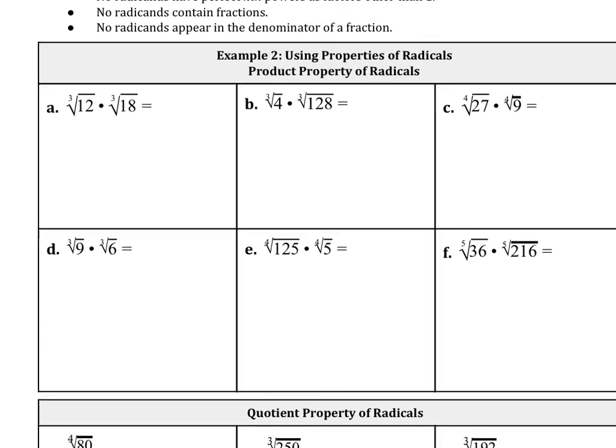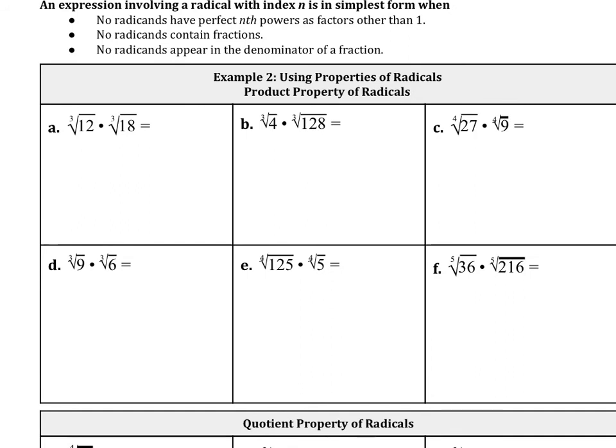Let's try these examples. Using properties of radicals, we're using the product property, so we're multiplying. In the end we really want to simplify. For example, letter A: the cube root of 12 times the cube root of 18. They have to be the same nth root, and so we can multiply together. But I know I need to simplify, so let's break these down into primes, or at least until we can find 3's of something. 12, let's do 2 times 6, and 18, let's do 6 times 3.